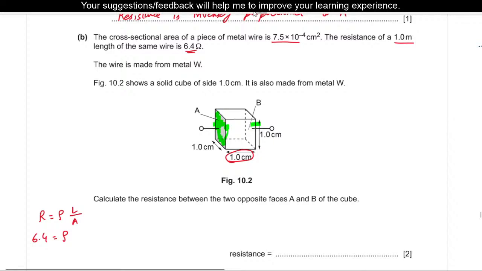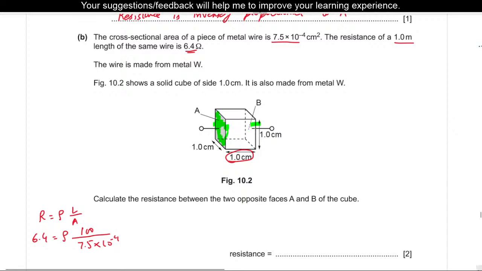So length is 100 centimeter and area is 7.5 into 10 to the power of minus 4.